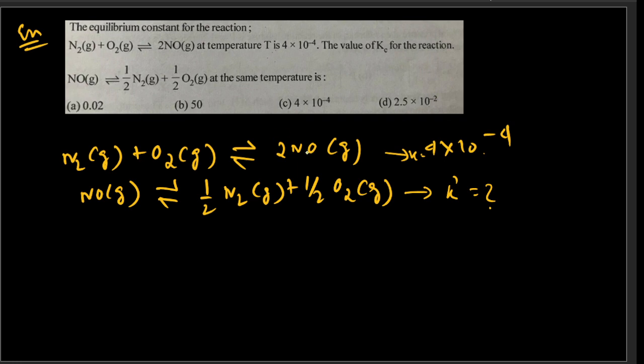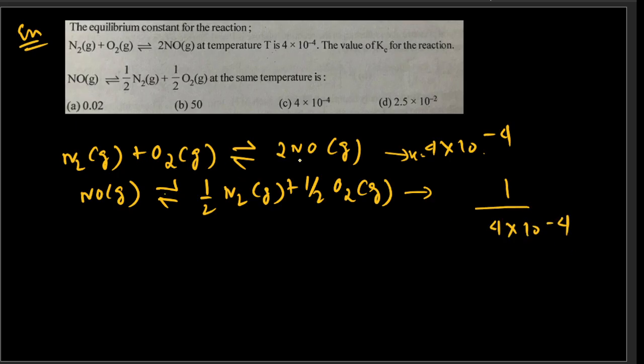So what they did is just reverse this. If the chemical equation is reversed, then the equilibrium constant gets inverted. So this will become 1 by 4 into 10 raised to minus 4.